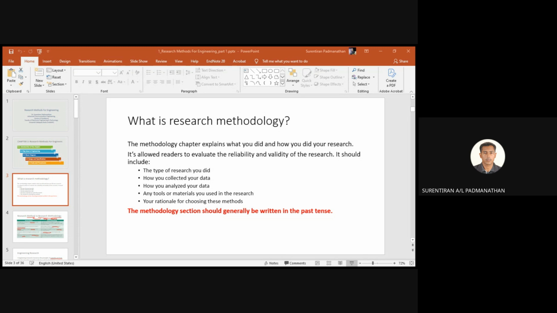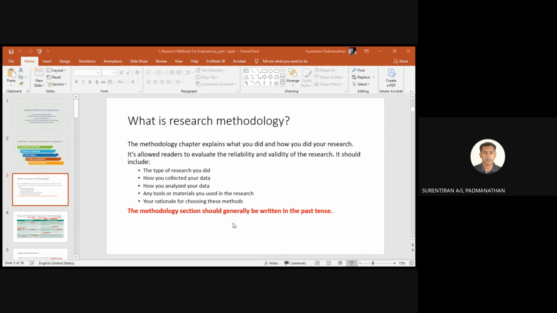By reading it, we can know that this student used the correct method, has modified the theory, and has explained the theory very clearly. That's the important part of the research methodology.